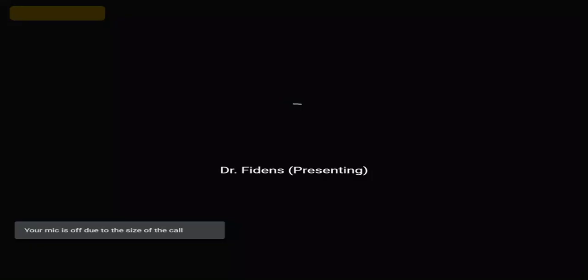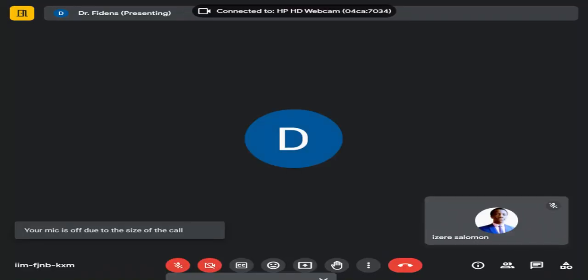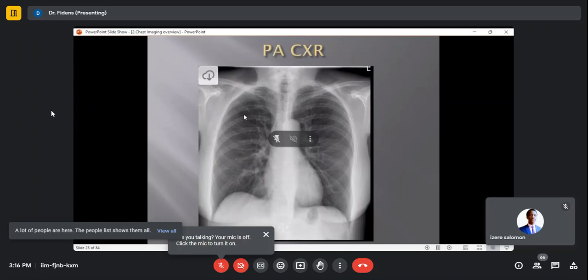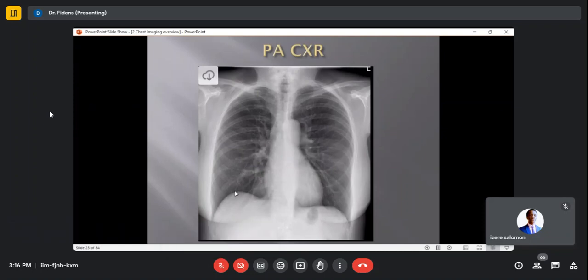Line above the diaphragm. That's the reason why anteriorly this one cannot be counted. This one cannot be counted because it's not crossing the mid-clavicular line above the diaphragm. The diaphragm is here. So if I want to count the ribs anteriorly, they count 1, 2, 3, 4, 5, 6.